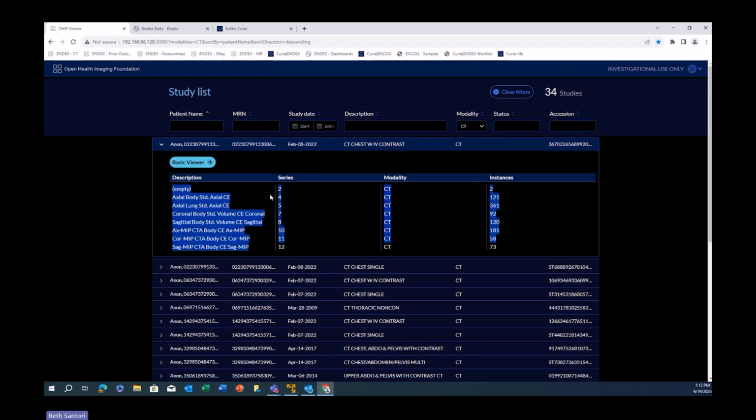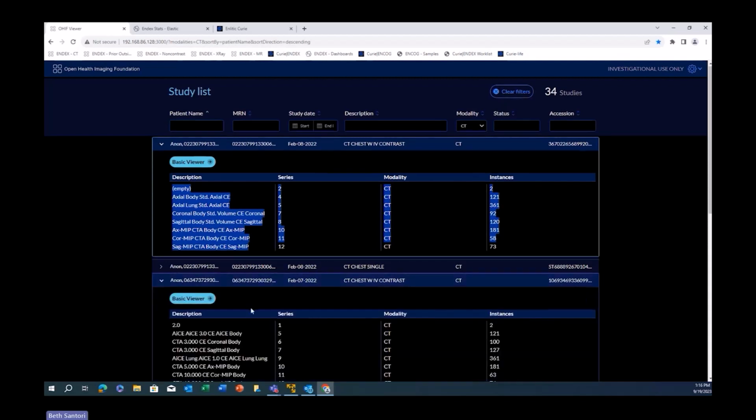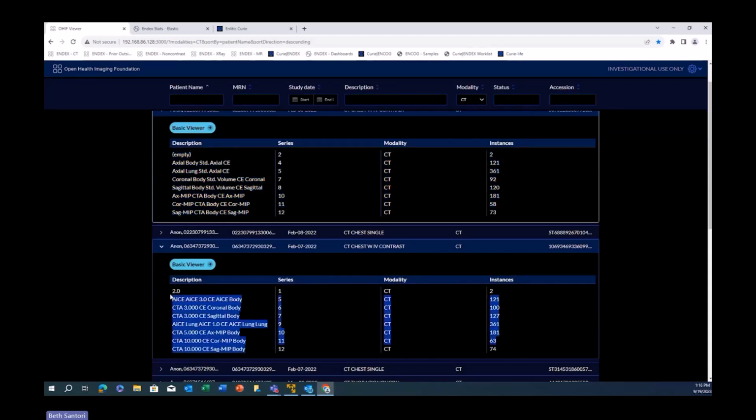So it creates a lot of inconsistency within these series descriptions, and so we have another CT with IV contrast right here and a whole new set of ontology. So writing rules around this is next to impossible.